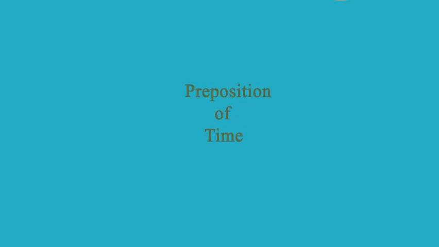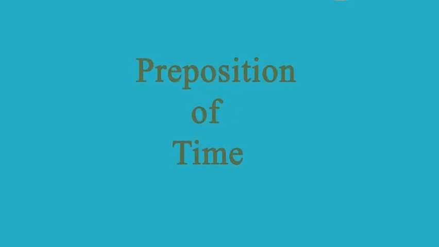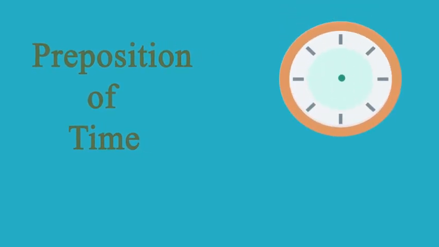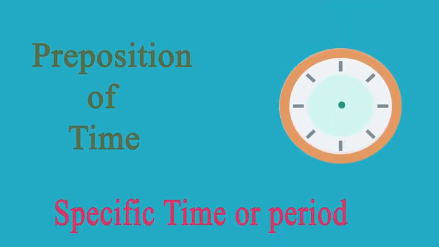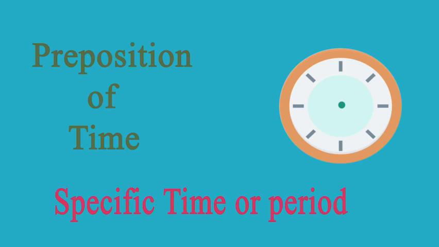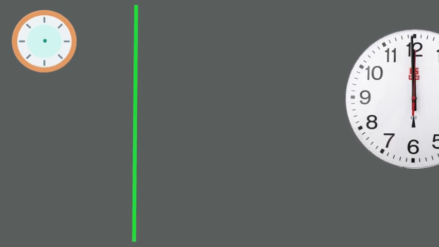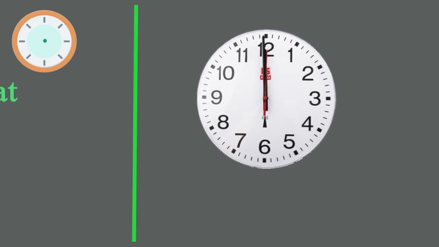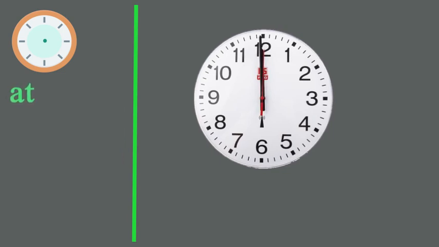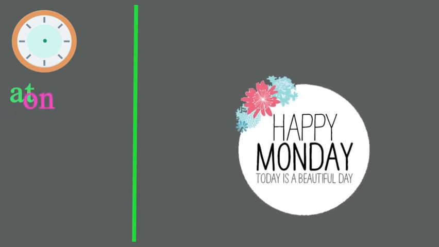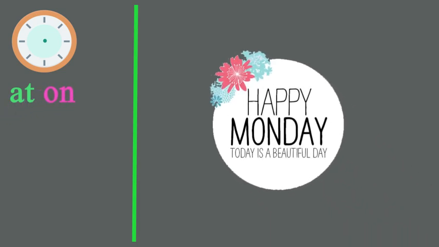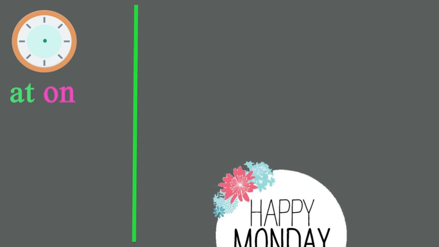So preposition of time. It means a specific time or period. I wake up at 12 o'clock. So at is specifying a time and it is a preposition of time. We are working on Monday. Monday is a day. On implies a time.